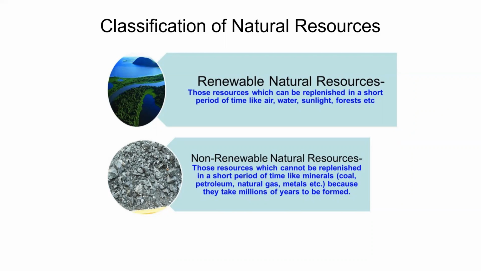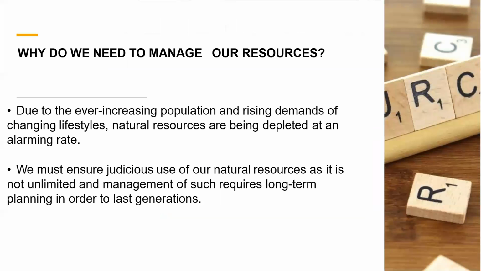Non-renewable natural resources are those which cannot be replenished in a short period of time, like minerals, which come under coal, petroleum, natural gas, metals, etc., because they take millions of years to be formed. Hence, natural resources are classified as renewable and non-renewable. Renewable resources will be your hydroelectricity, tidal wave electricity, solar energies. These are all renewable natural resources.